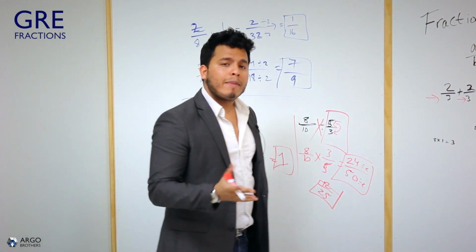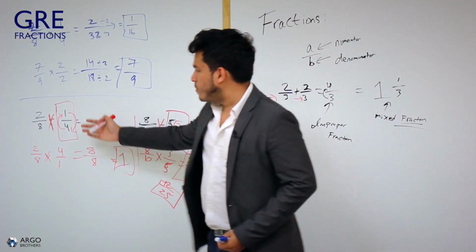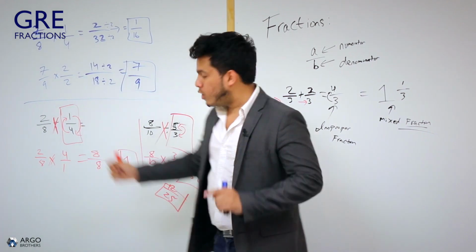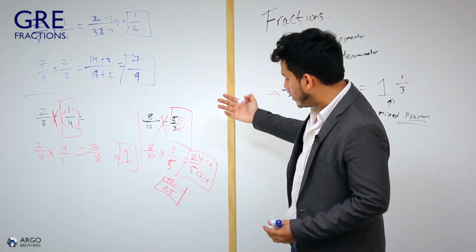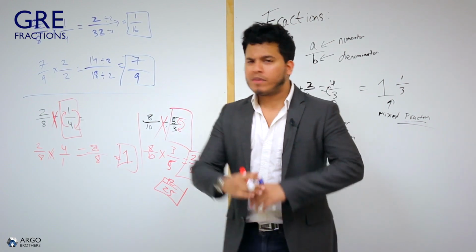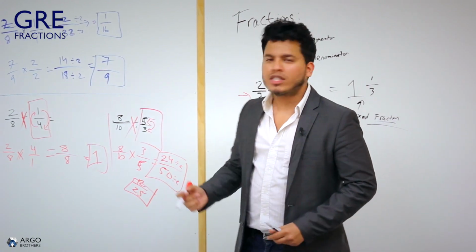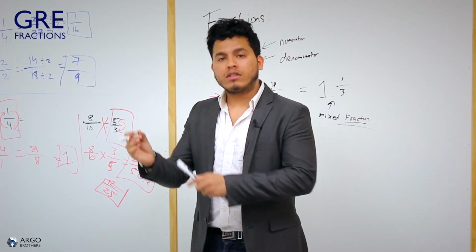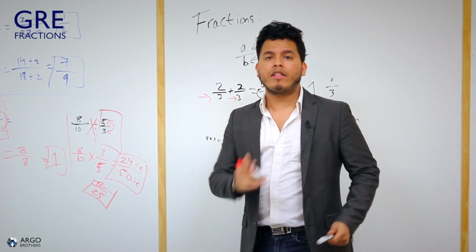However, on the GRE exam, if you're given some kind of problem like this, obviously this is a little bit too simple, you don't have to reduce it to the simplest form. You can enter 24 over 50 into the computer. There you go. You have the right answer. Don't worry about simplifying it, unless, of course, the question says to give the answer in the simplest terms, but they don't actually do that. So both these answers are valid. Okay?